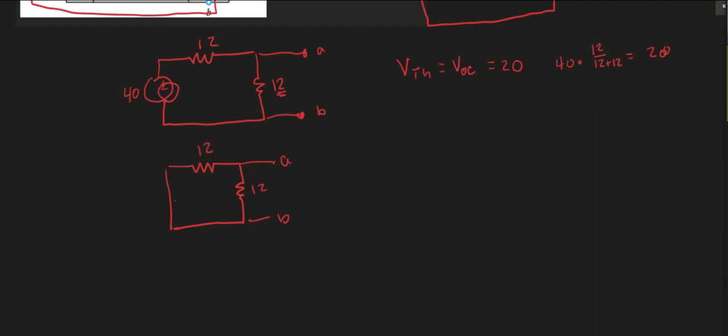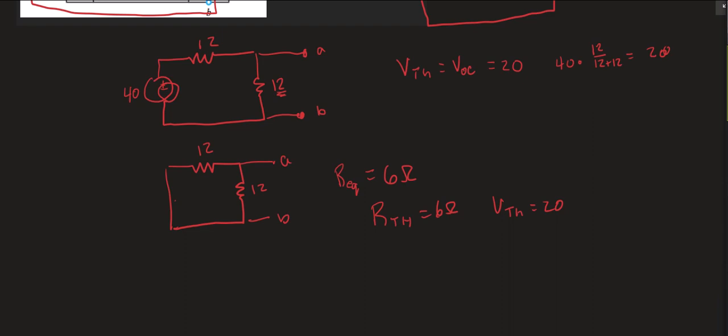And I want to see what is the resistance from the point of view of A and B. And from the point of view of A and B, these two 12 ohm resistors are in parallel. And when you have resistors in parallel, Req is half of the resistance, so it's 6 ohms. So R Thevenin equals 6 ohms. So we had V Thevenin equaled 20, R Thevenin equaled 6.